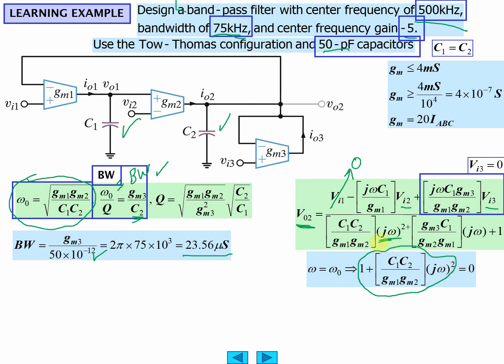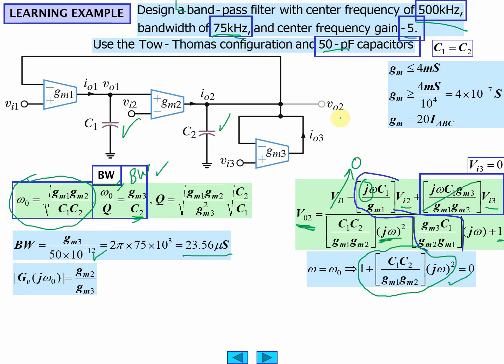So j squared is going to make it real. And then here's the 1. You're adding the 1 over here. That's the real part. But now, remember, this is 0. You have a j on top. So it's actually the imaginary part of the gain, which you want to be close to 0. So you set this equation equals 0.